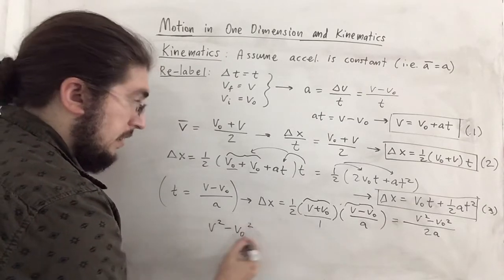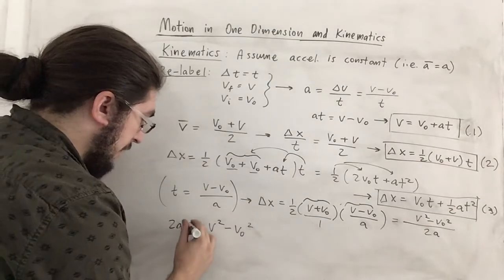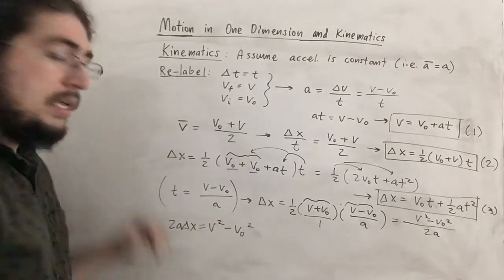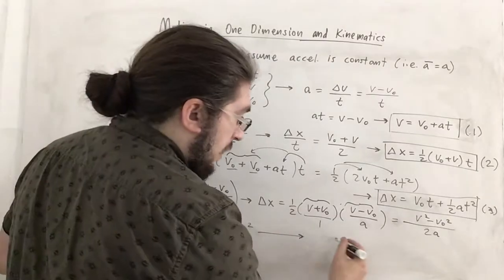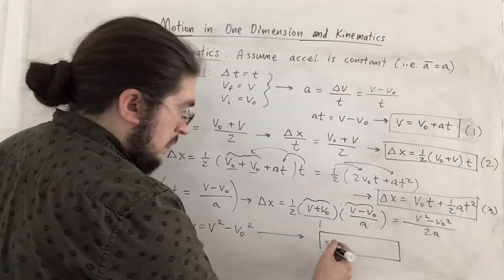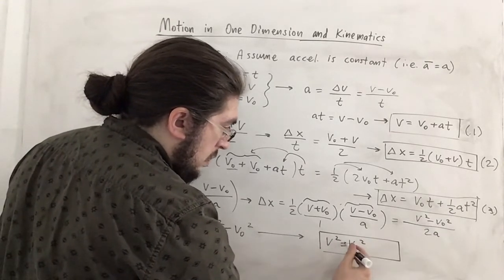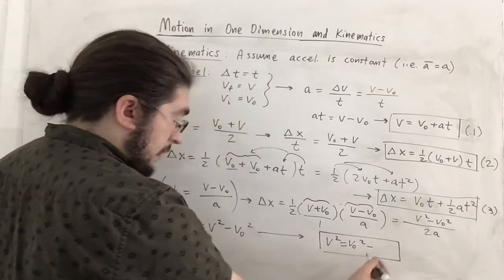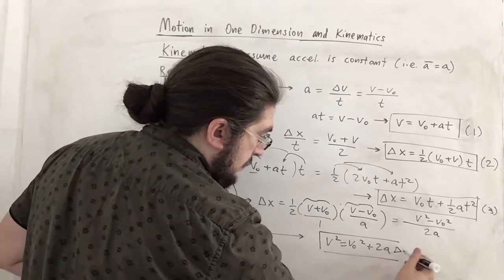So multiplying 2a to the left, we get 2a delta x. That's fine. And then adding v naught squared and reversing the equality gives us finally our last and final kinematic equation, which will be v squared is equal to v naught squared plus 2a delta x.